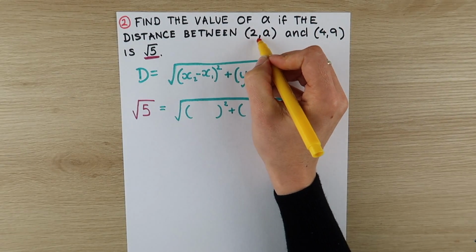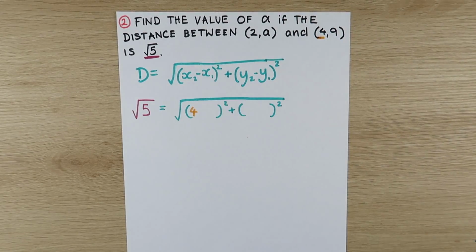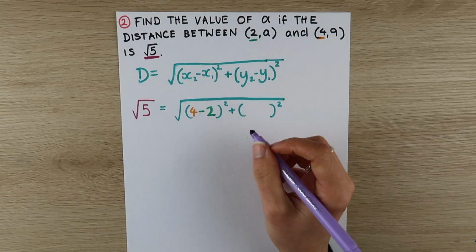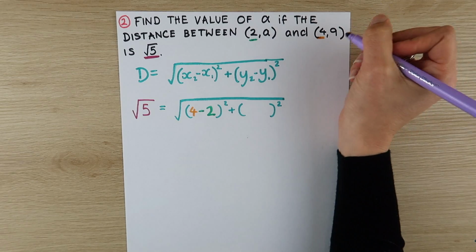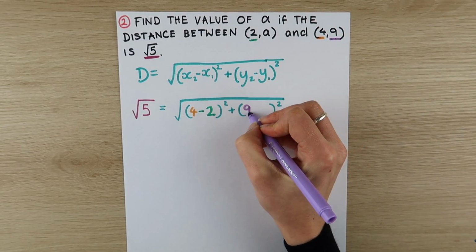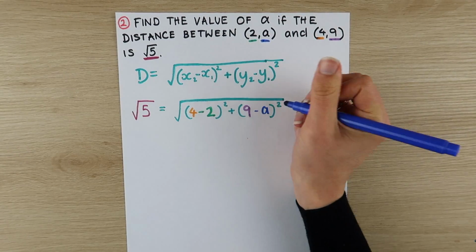We know that x2 is 4. We know that x1 is 2. We also know that y1, let's start with y2. We know that y2 is 9. And finally, that a is y1.